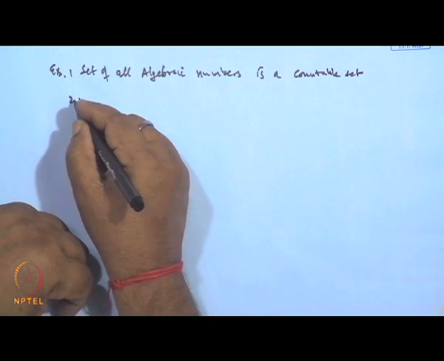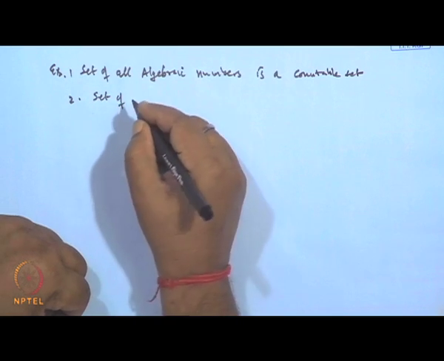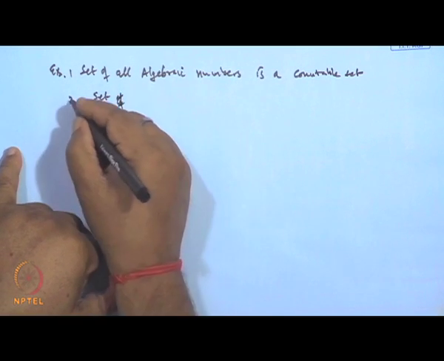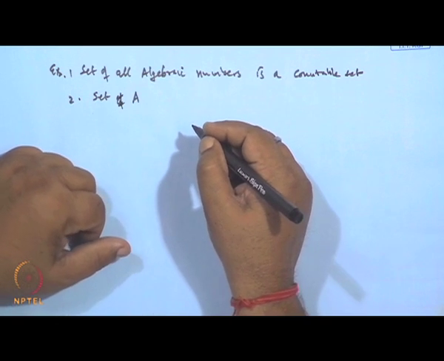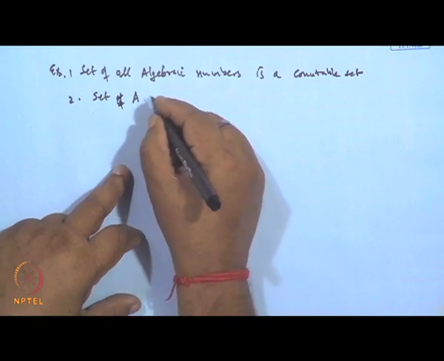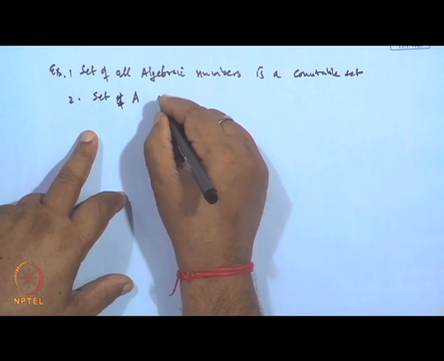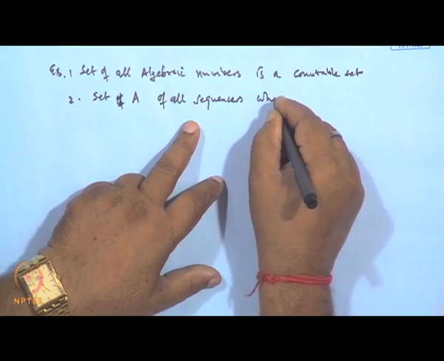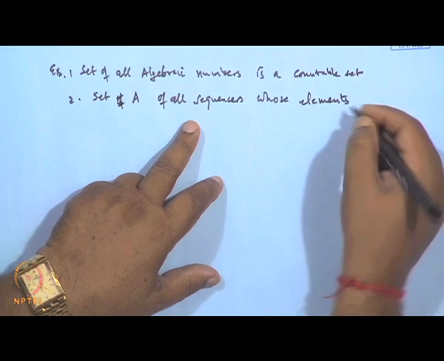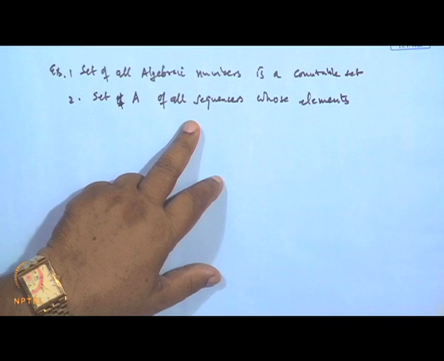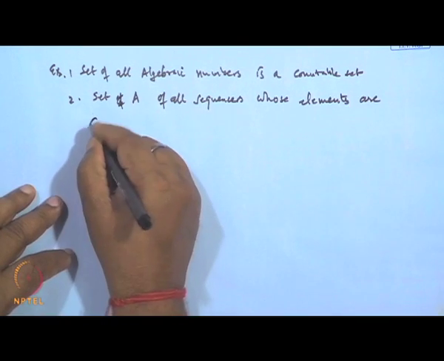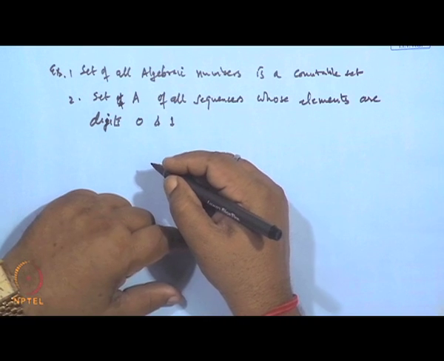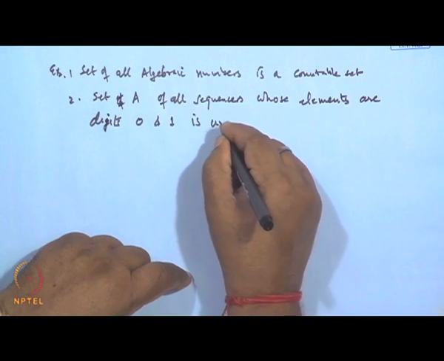Second, the set A of all sequences whose elements are digits 0 and 1 is an uncountable set.